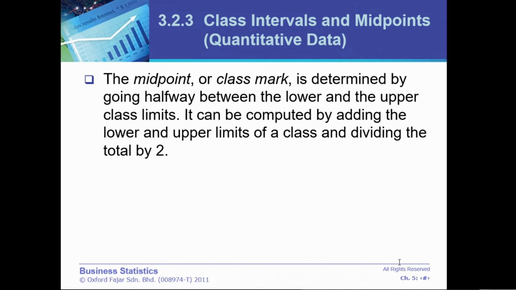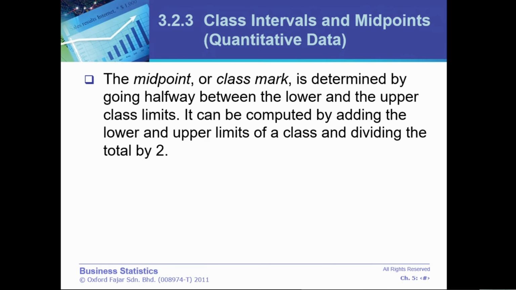So the midpoint is 18.5 plus 25 divided by 2. So again, to calculate the midpoint, we add the lower limit to the upper limit, then we divide by 2, so it will be 21.75. This is what we call the midpoint.